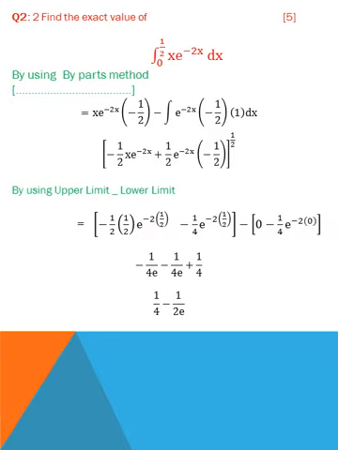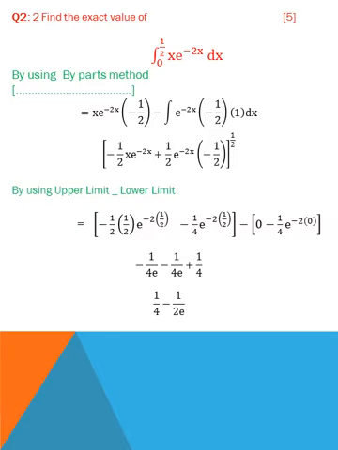Question number 2 is about integration by parts. This part is about solving integration by parts, because here is one variable and one function. So when there is one variable and one function, we integrate these values by using the by parts method.